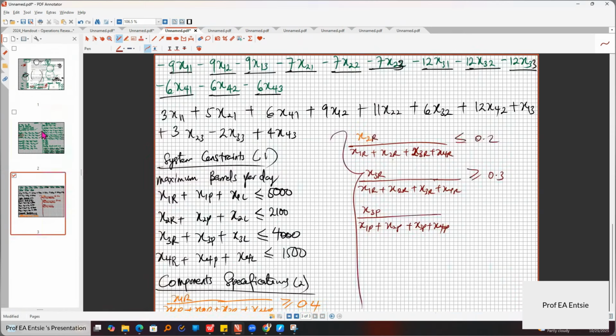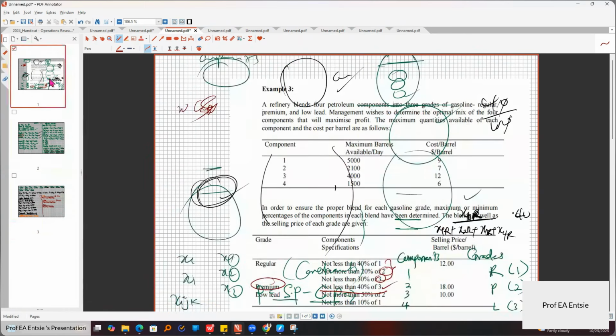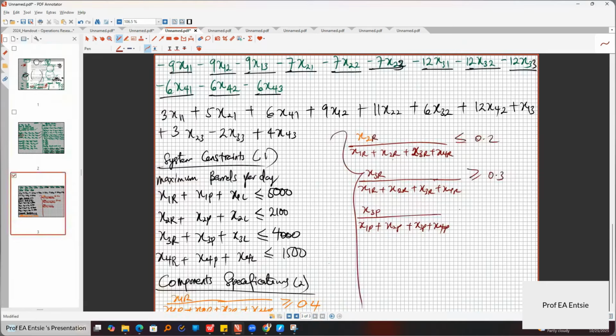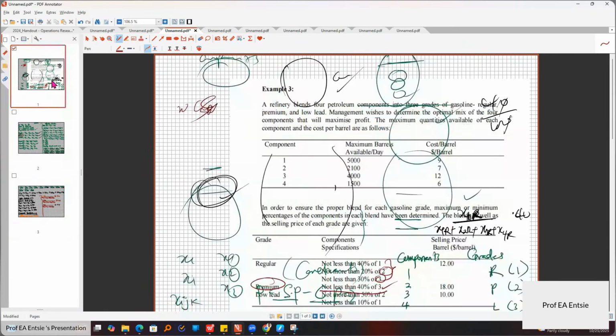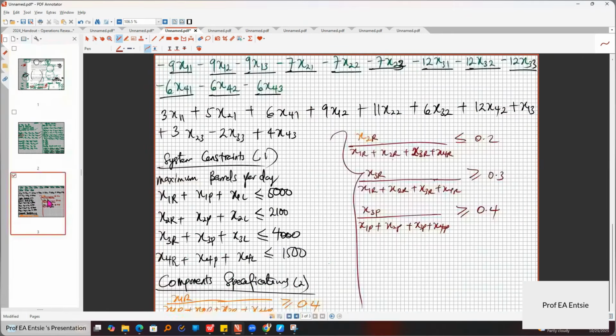And what does it say? It says it should not be less than 40%, which means greater than or equal to. Then for low lead, no more than 50% of component 2. So component 2 in low lead should not be more than 50%.